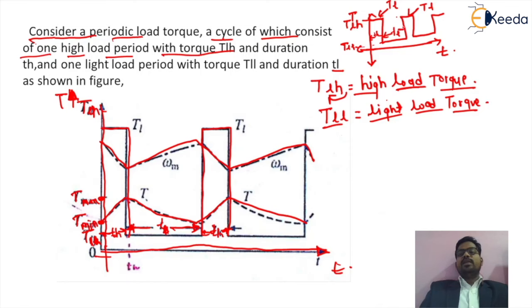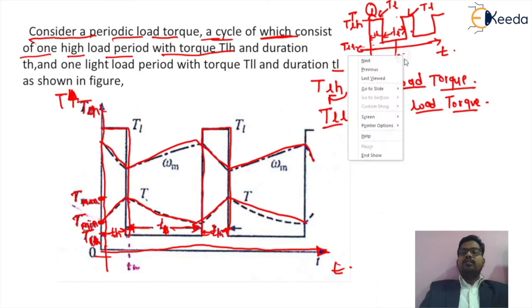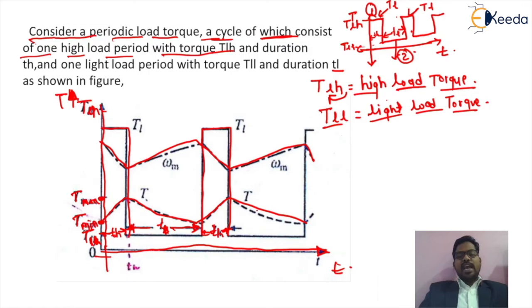So that is the basic fundamental concept, called the periodic load curve cycle, which consists of one value of the high load torque and a second value of the light load torque. Okay, so I think everyone has got the concept of this curve.